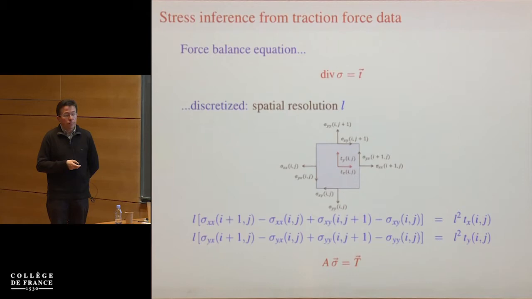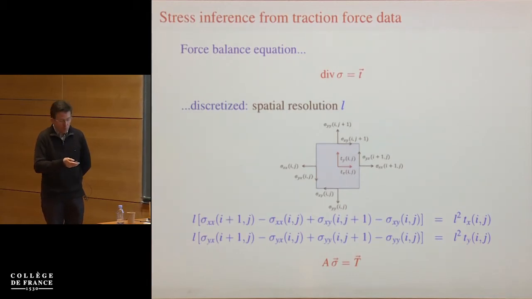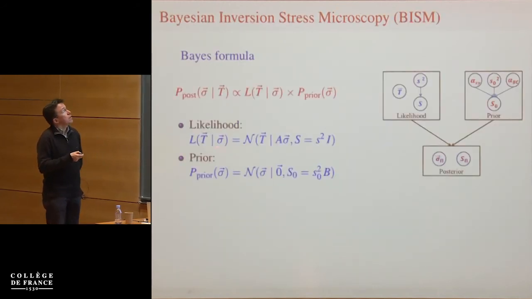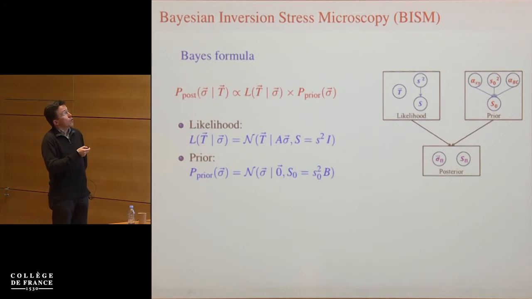We will completely change approach and use a probabilistic perspective in order to solve the equation and use Bayes' formula in order to determine the most likely value of the stress tensor field in the tissue given the traction force data. So the Bayes formula involves two ingredients.